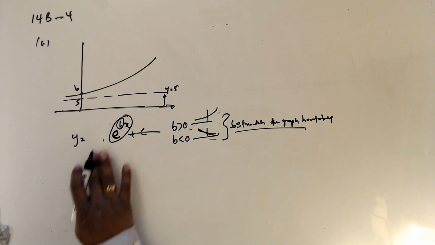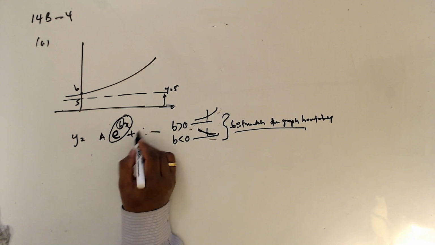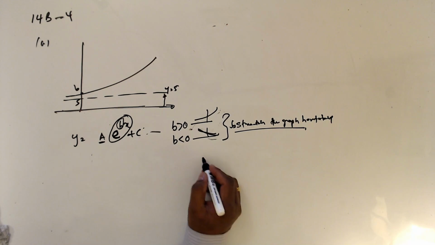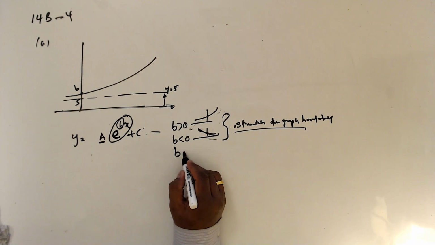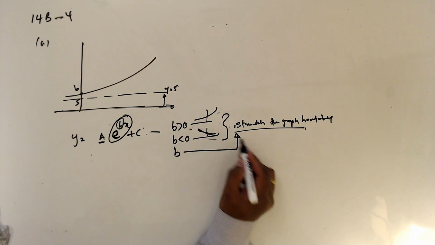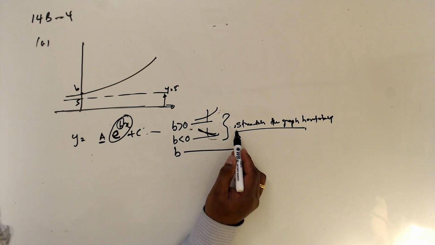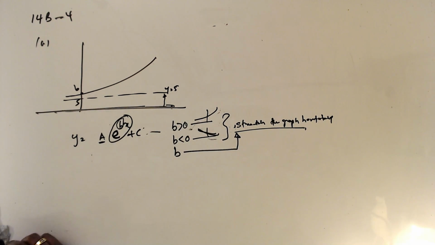Now we have a. What is a's task? So this is b's task: one is to decide the direction, the other is stretching along the horizontal axis.